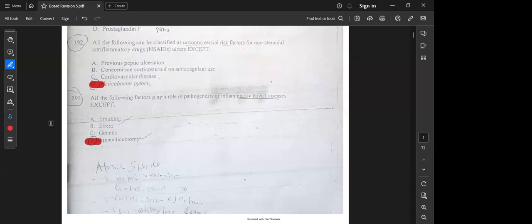The non-pharmacologic usually involves some dietary restrictions, like cutting down on dietary fats, and also increasing the vitamin and mineral supplementation.